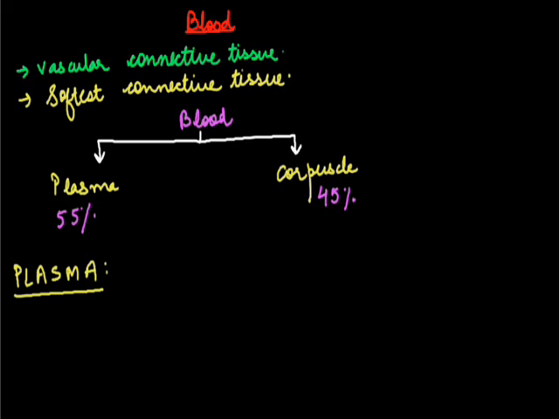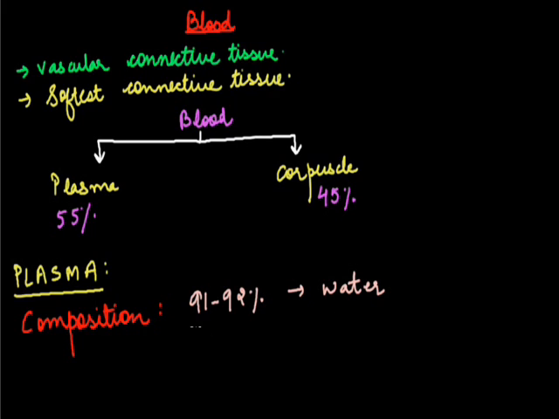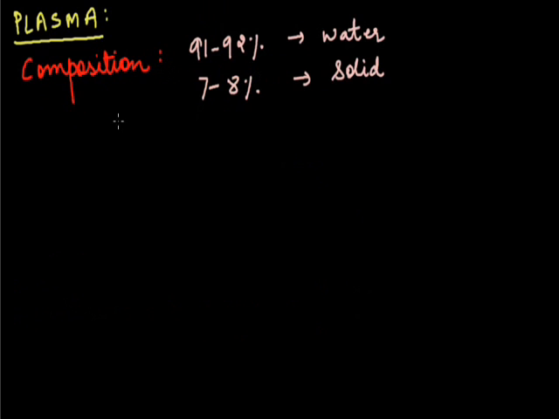Plasma. Composition of plasma. Plasma contains around 91 to 92% of water, whereas the solid portion is only 7 to 8%. This 7 to 8% of solid comprises both organic and inorganic material.